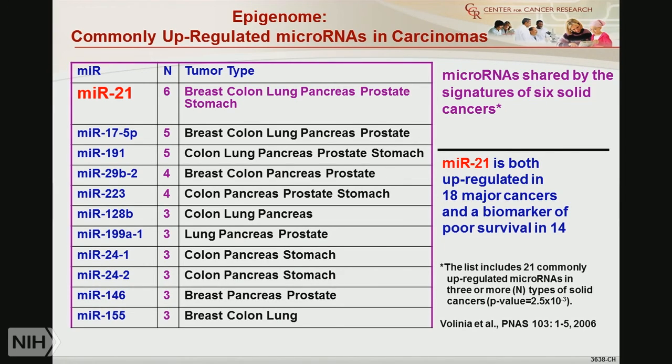There are about 2,000 known today. And we found that miR-21 is overexpressed in all 6 of these major types of cancer. That was 2006. And since then, it's been shown by us and others that it's upregulated in 18 major cancer types and is a biomarker of poor survival in 14.